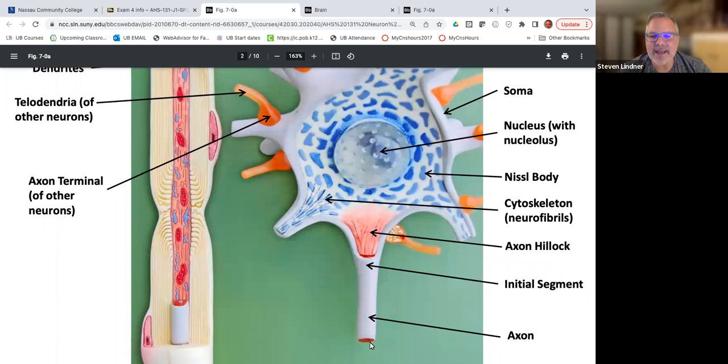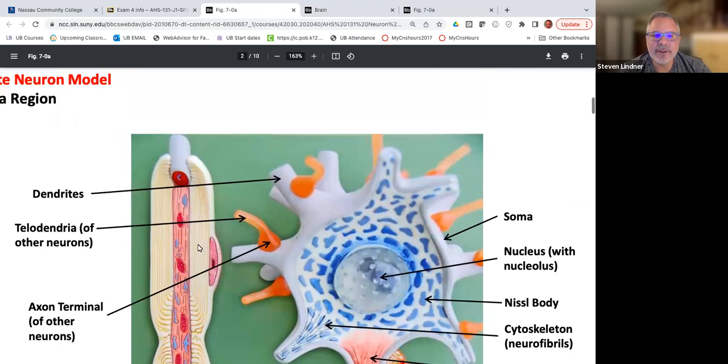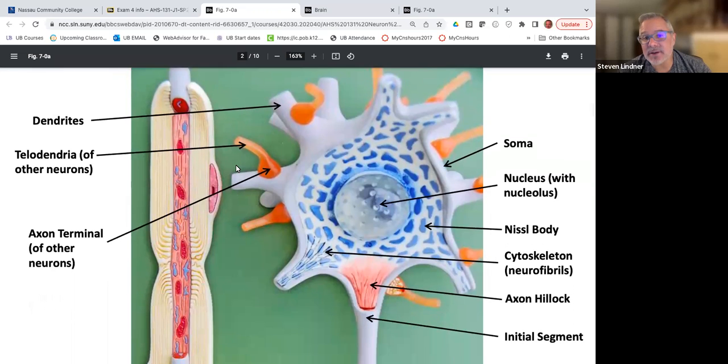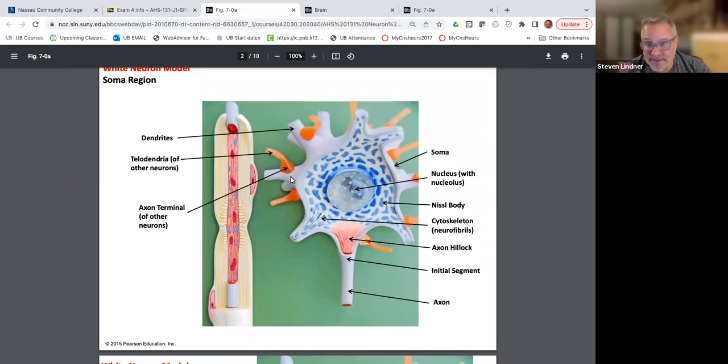So you would take this end here at the bottom and glue it right here. But for the size of this model, when we do it actually in the physical lab, it's just too long. So they had to kind of slice it into two parts. But understand that this portion, these are the dendrites up here, here's the cell body, and here's the axon. This axon would continue right here. We would glue this right to the tip.